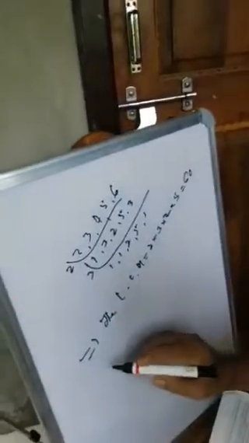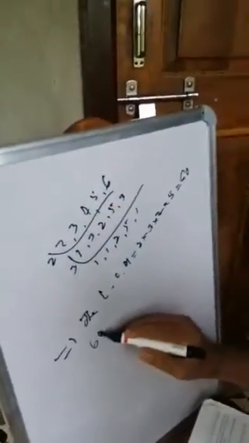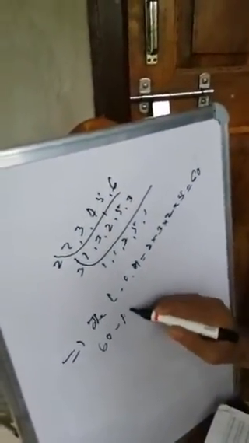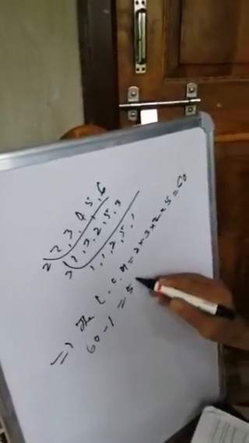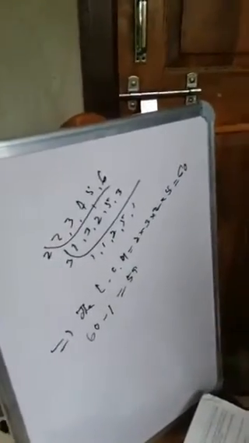Let's see whether we'll subtract 1 from 60. 59. We'll have to verify whether 59 is divisible by 7.